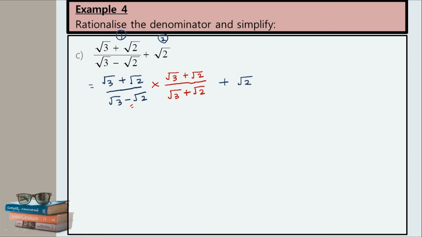Okay, so pull dulu yang ni, and then we expand. Surd 3 times surd 3, surd yang sama, surd 3. So bila kita darabkan surd 3, dia akan jadi 3 plus surd 3 times surd 2, surd 6, plus surd 2 times surd 3.